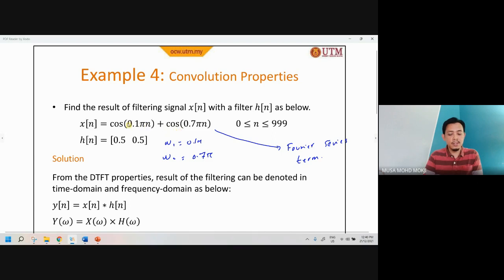We have a sequence of values, represented by sinusoidal signals, and each sinusoidal signal has a unique frequency. That is the Fourier series: a series of sinusoidal signals, either cos or sine, with different frequencies, different amplitudes, and different phases. It's a combination of that.